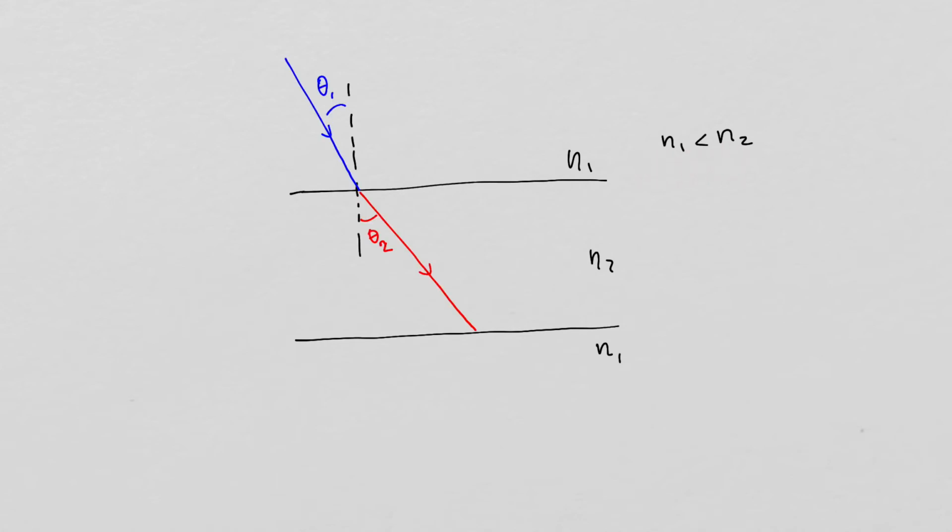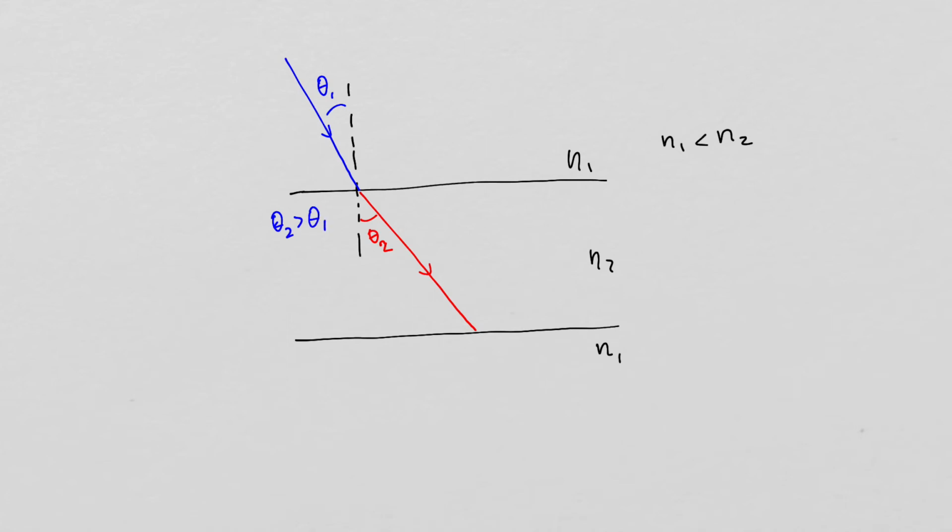So here is the incident light ray. This is the normal to the boundary between the two media. When it enters the more dense medium, the light ray will bend away from the normal. So the angle of refraction theta 2 will be larger than theta 1. Let's write this down.